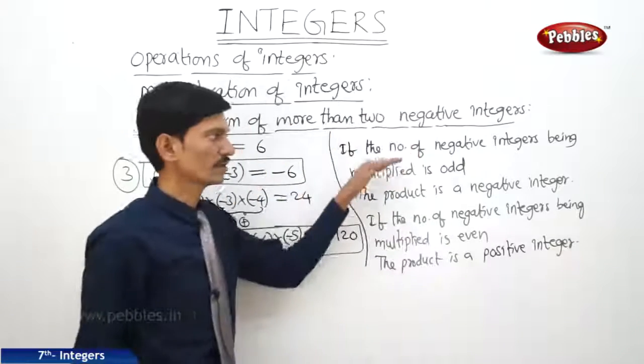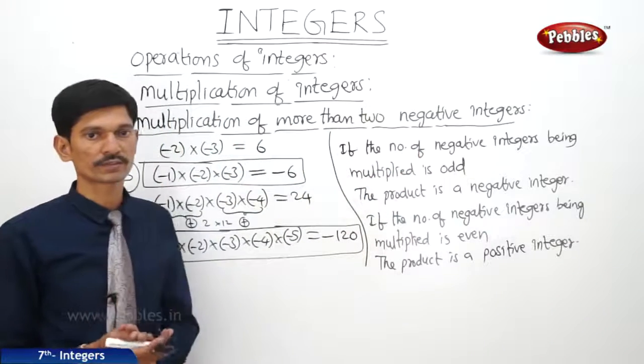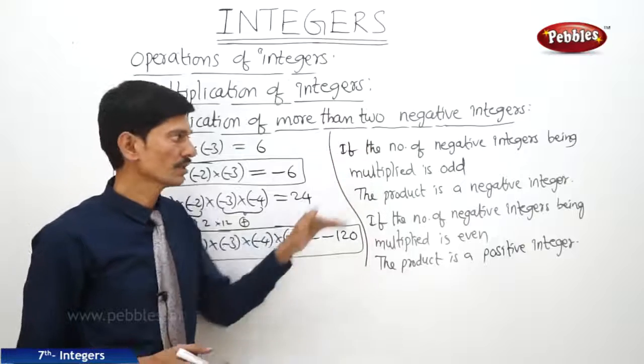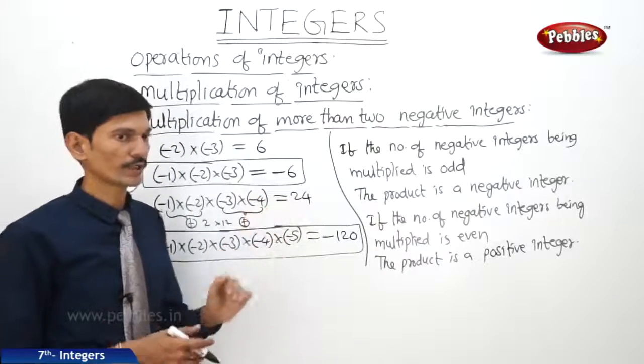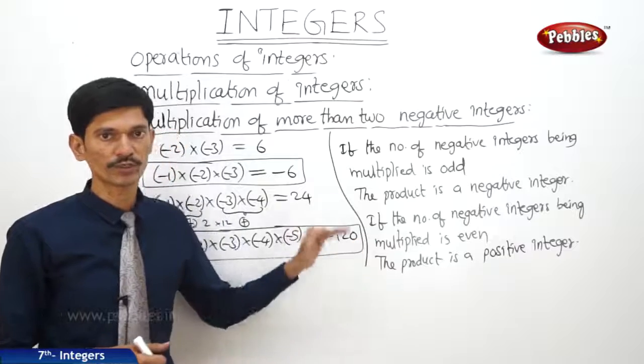So if you multiply an odd number of negative integers, then we get the product as a negative integer. And when you multiply an even number of negative integers, the product is a positive integer.